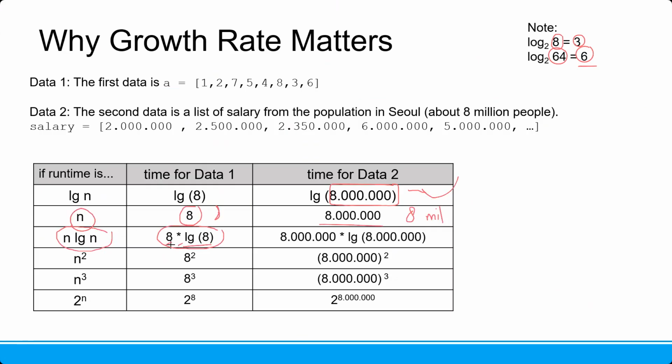In this case, 8 multiplied by 3, so that will be about 24 operations. With 8 million data, we have 8 million multiplied by log 8 million, and so on. So you can see that when the number of data is high, of course, the computation is high. And the growth rate is naturally based on the function.